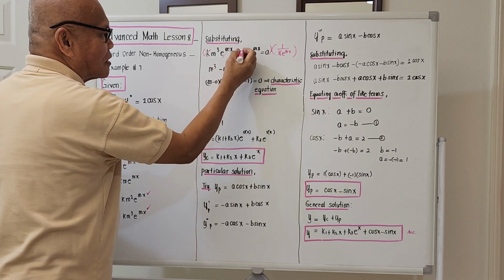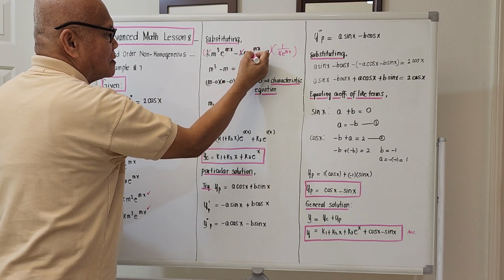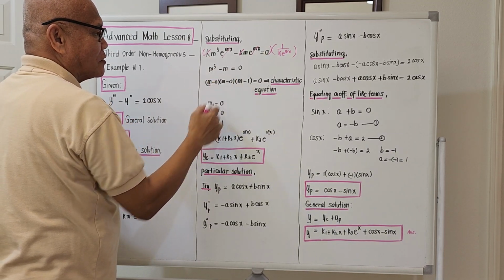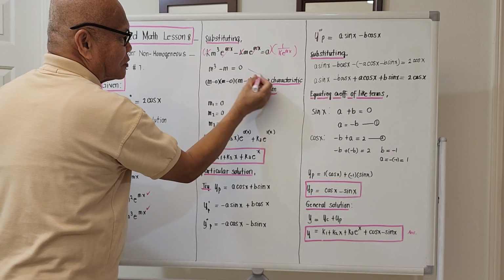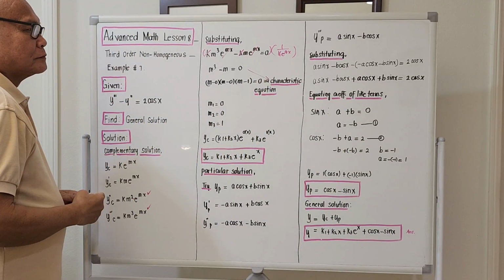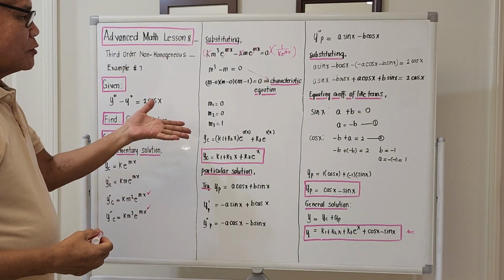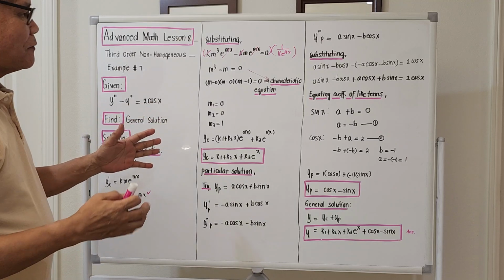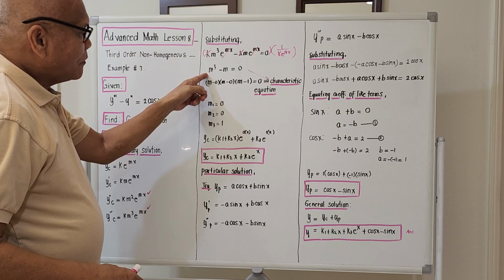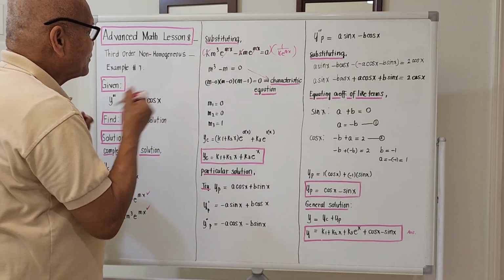Next one, this cancels. The second term on the left will simply be minus m, and this should be equal to 0. This is actually termed the characteristic equation. By using our knowledge on how to compute for the value of the roots of m, this is m cube minus m. Actually, there is a common factor m.